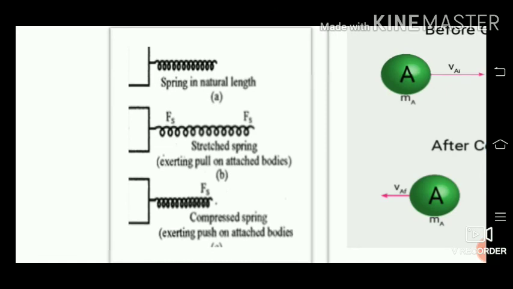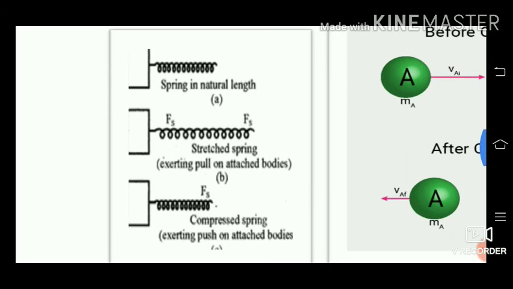The magnitude of this force is directly proportional to the magnitude of displacement, whether it elongates or is compressed. This force is called restoring force. So when the spring is fixed at one end, a restoring force occurs, which is opposite to the direction of the applied force.